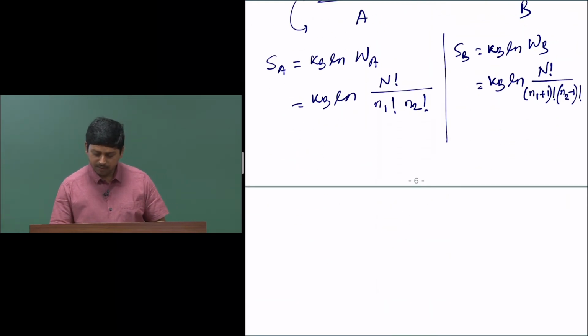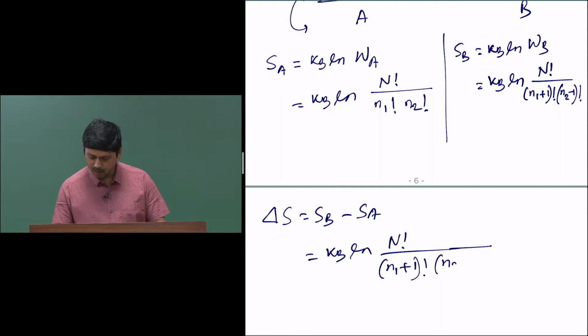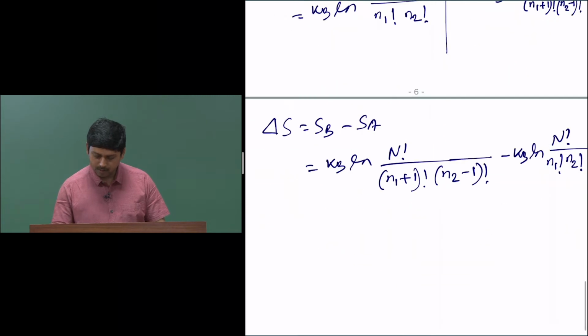Now, what is the entropy difference? Entropy difference delta S is nothing but S B minus S A, which is K B ln n factorial by n 1 plus 1 factorial, n 2 minus 1 factorial minus K B ln n factorial by n 1 factorial and n 2 factorial.